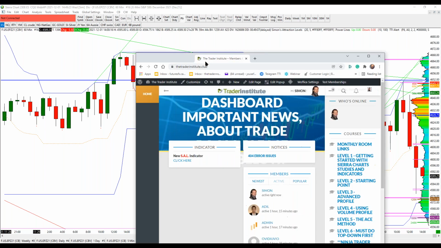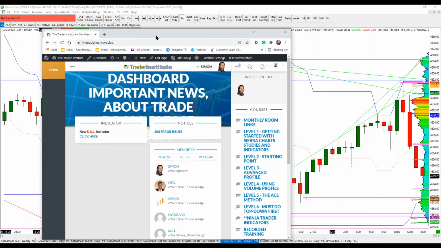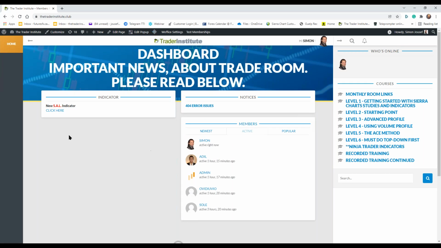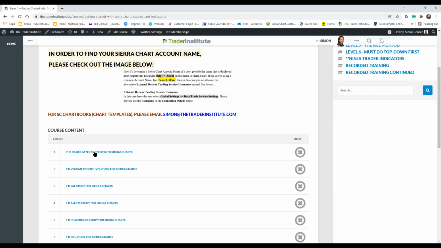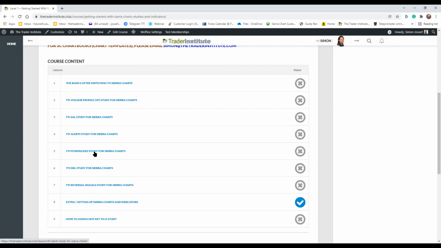Now, once you join us as, let's say, a full member, you have 6 levels of education besides the live trading room links. For example, level 1 deals with every single indicator that you are getting on Sierra Chart. It tells you details, videos, how to use it, how to install it, what's the purpose of it.